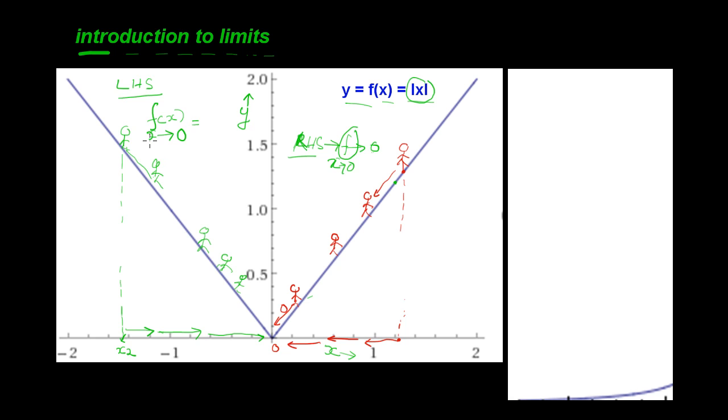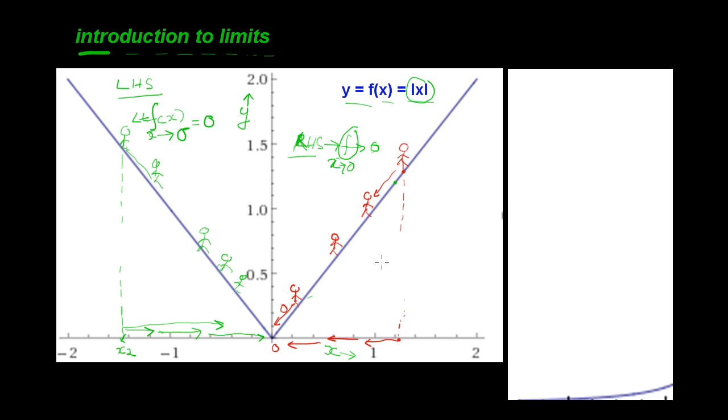Now here x is approaching 0 from the negative direction, so we give a notation like this. What does it mean? This means that initially x is at a negative location. Now x is moving from here to here. Then what happens to the function f of x? We have seen in this example the function f of x approaches 0. Then we say the limit of f of x when x tends to 0 is 0.